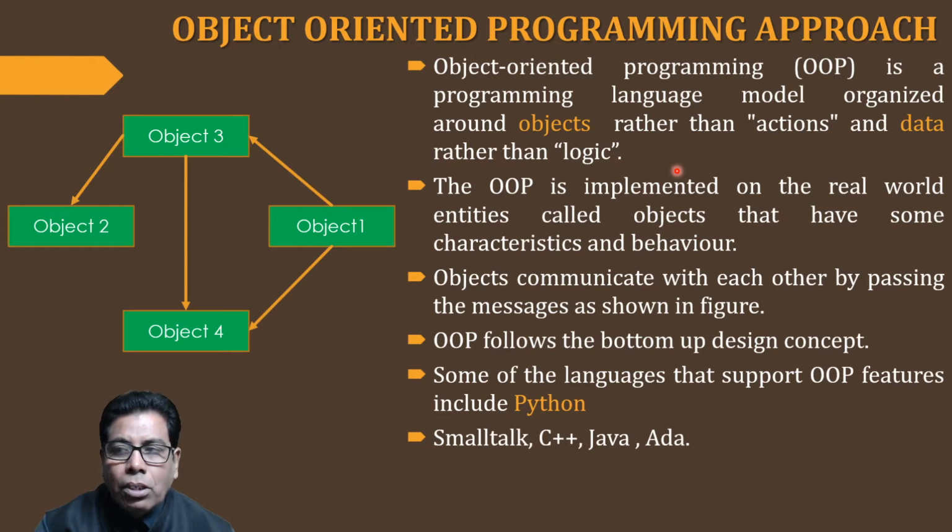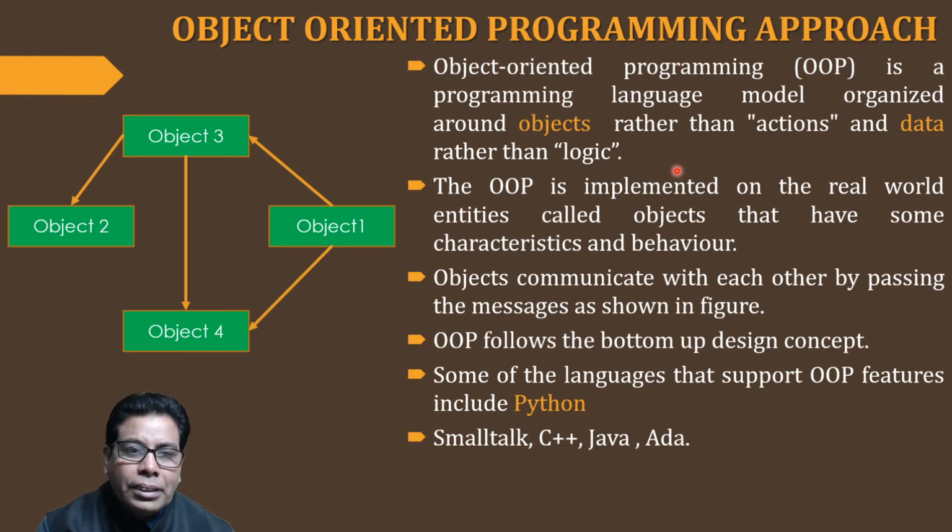So the OOP approach combines the data and functions that work on a single unit called a class, and an object comprises both data and functions, because the data describes the state and the function describes the behavior of the object.